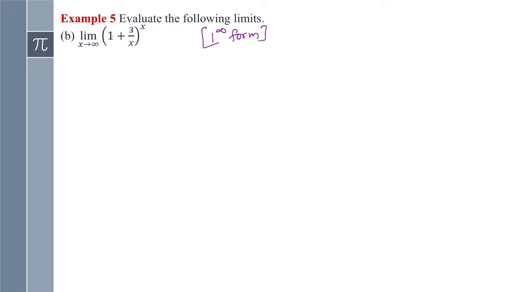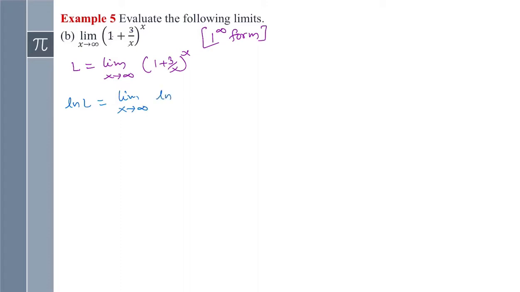So let's write L equals the limit as x approaches infinity of (1 plus 3 over x) to the x. Then we take natural log on both sides, so natural log of L equals, and we can put the natural log inside. I'm going to skip that step as we saw it in the previous examples.